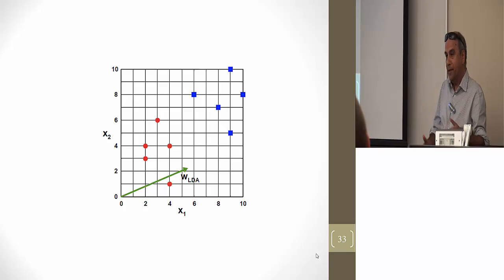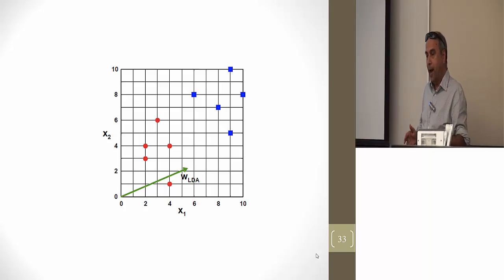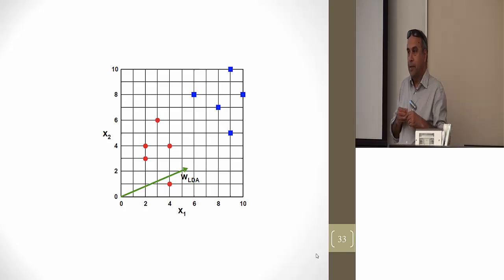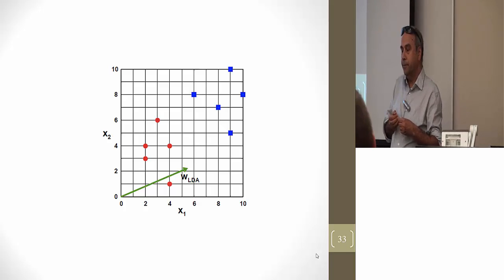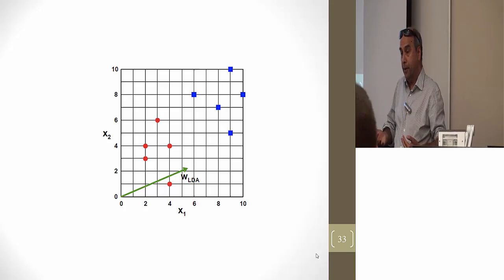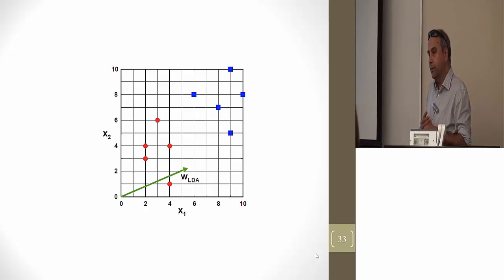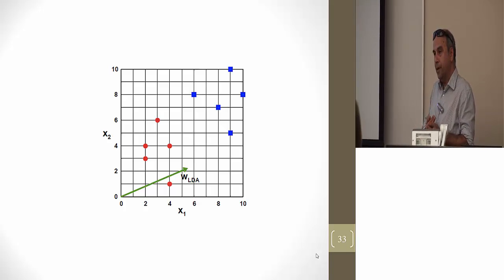SVM says, let's find the hyperplane and maximize the margin, and so on, and its optimization is a quadratic programming. That is the latest work on doing SVM as a classifier.